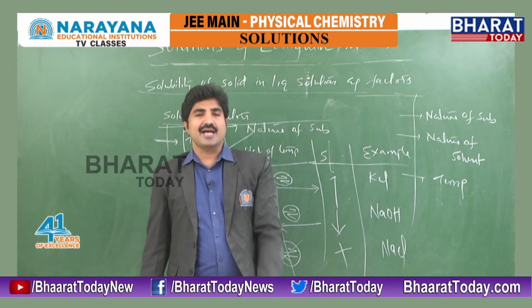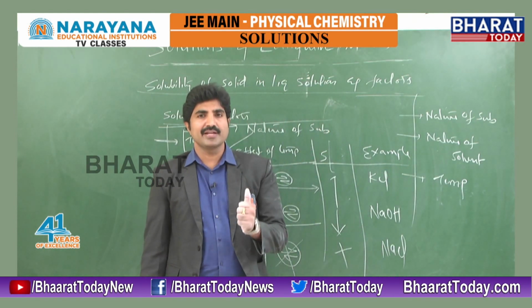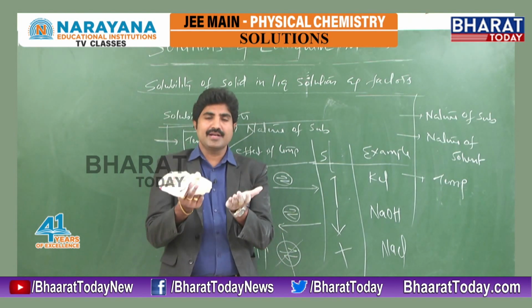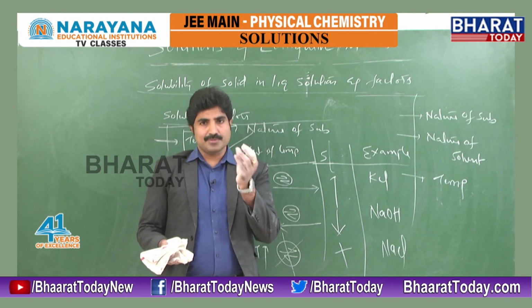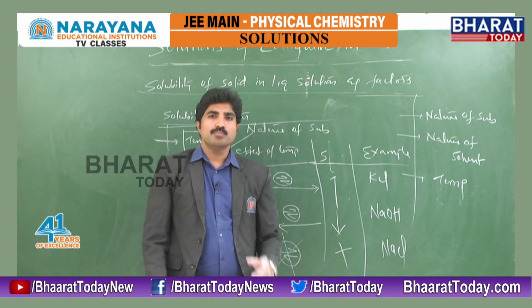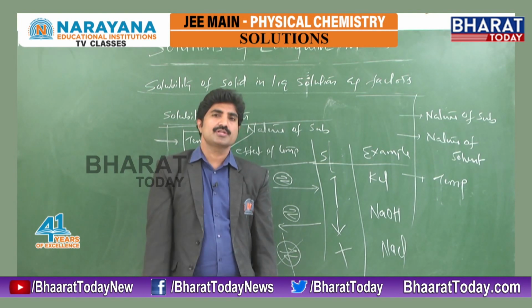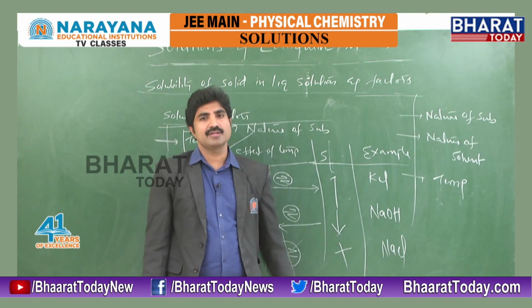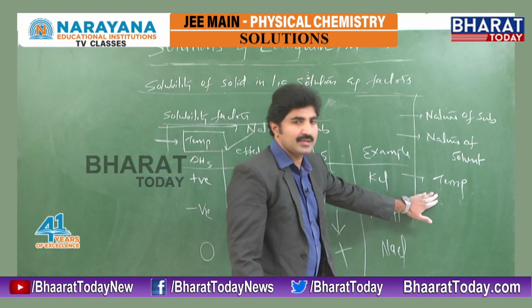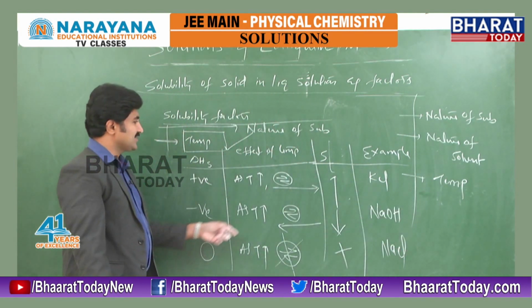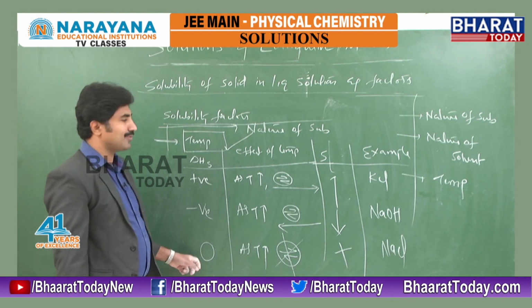Okay, if the solvent has high dielectric constant, what is the meaning of dielectric constant? Ability of that substance dissolution in that. More dielectric constant, more dissolution ability there. By that, solubility will be more. Next, temperature. The temperature can be easily understood by this delta H sign only.